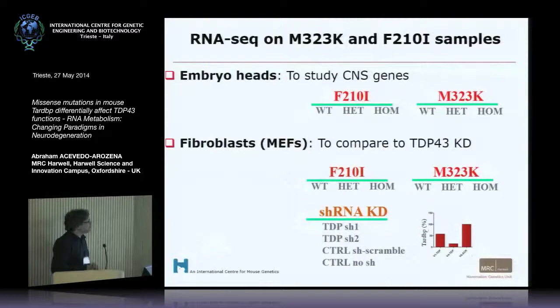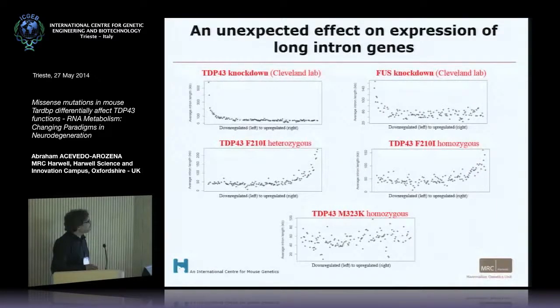So we, in collaboration, I should stress that this is collaborative work with Lizzie Fisher and Pietro Fratta, and some of you were probably at the NCLS meeting last week, and Pietro presented this data as well. So one really strange result that we had with the RNA-seq is in terms of the splicing levels.